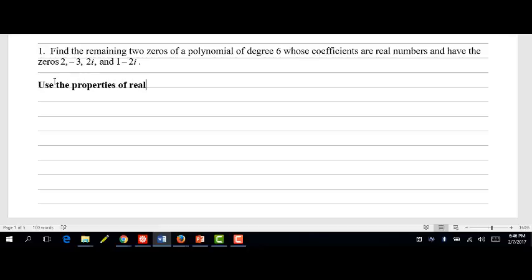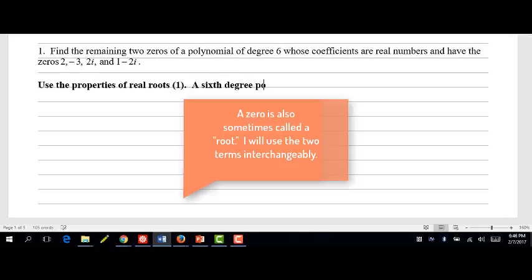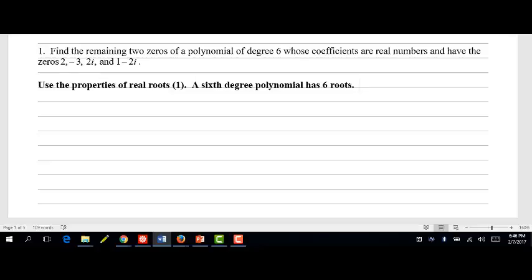That's the first property of a polynomial and its zeros, that a 6-degree polynomial has 6 roots. So that's one of the properties we want to make use of first. We know that we need to find, therefore, 2 more roots.